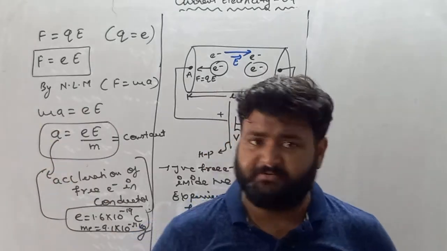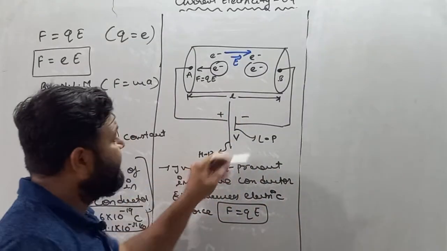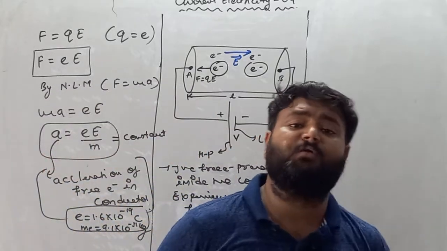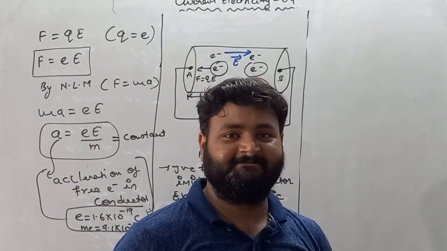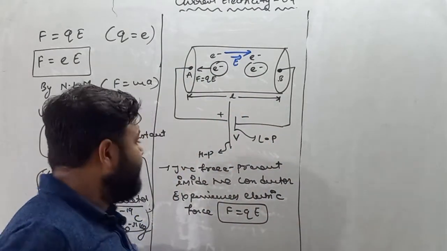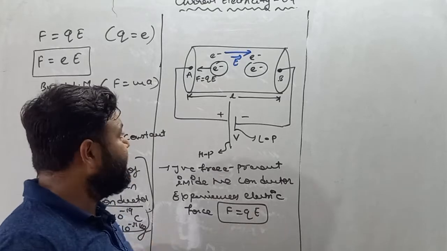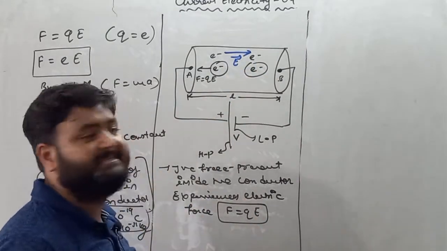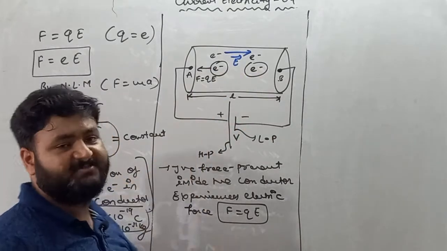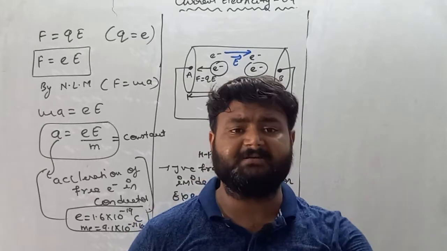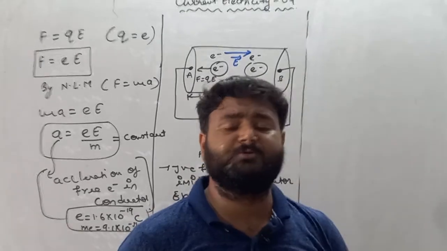Current is zero. But when we connect the battery across the conductor, now we will achieve the value of current, my dear student. So we will say, okay, current is defined, understand. The battery creates electric field. Due to the presence of electric field, all the free electrons present inside the conductor experience force. The force on every electron is the same, its magnitude is the same, and their direction of motion is also the same.